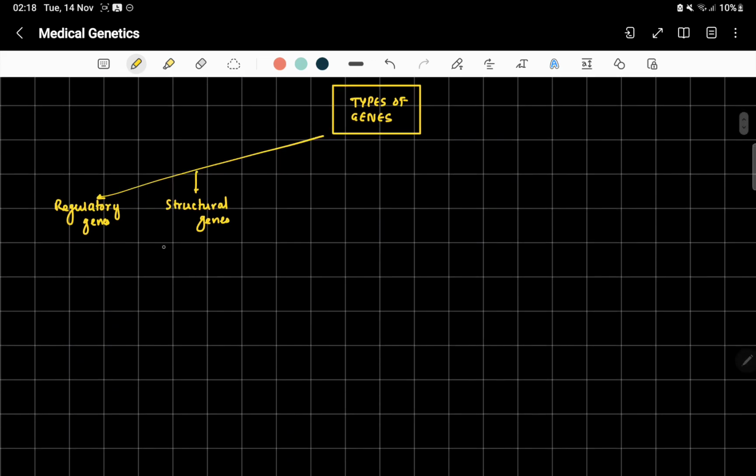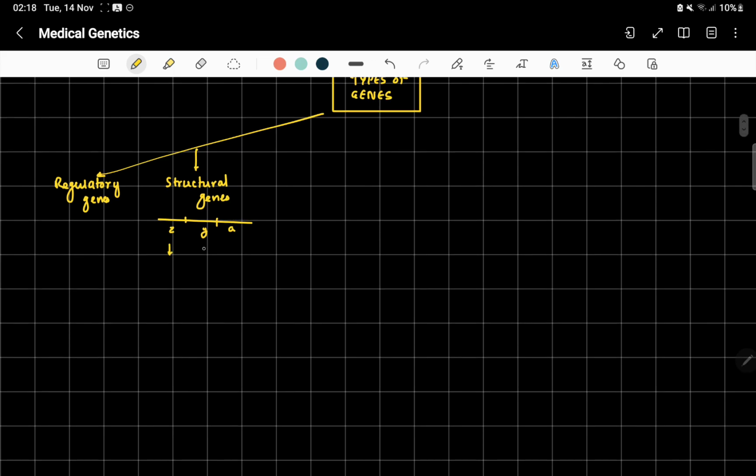Structural genes are basically producing the proteins, like Z, Y, and A genes in the lactose operon. Z produces beta galactosidase, Y produces permease, and A produces transacetylase. So these are the structural genes. Then there are operator genes.